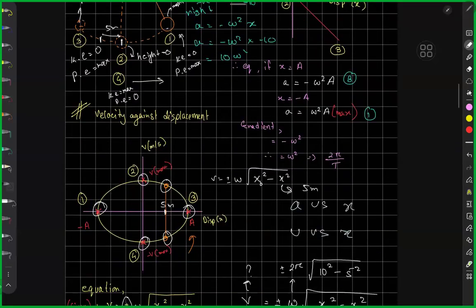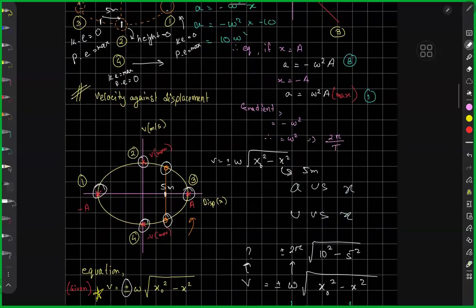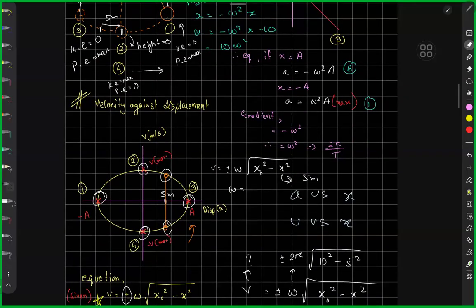Now, if I plug in 5 over here, what do I get? Velocity is equal to plus minus omega times root of, let's say the x naught value or the amplitude is 10, so 10 square minus 5 square, 100 minus 25, 75. So 75. This is my velocity value.